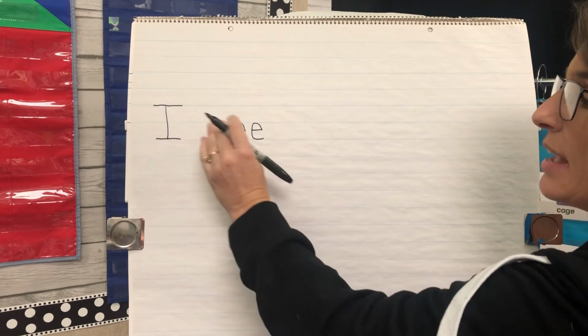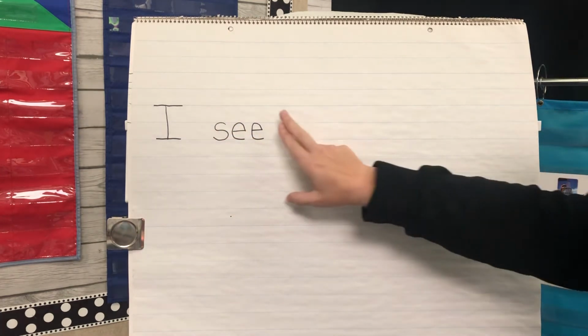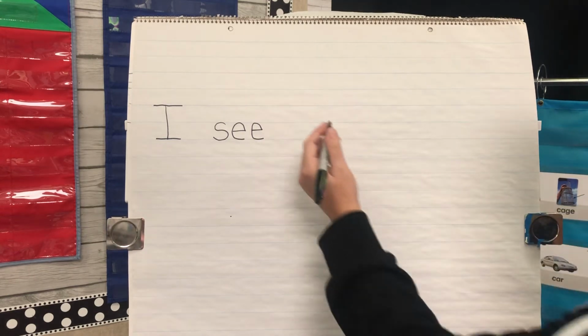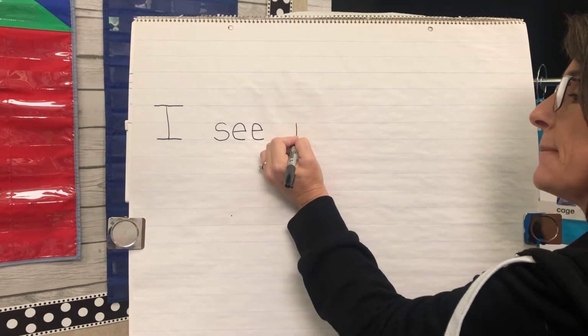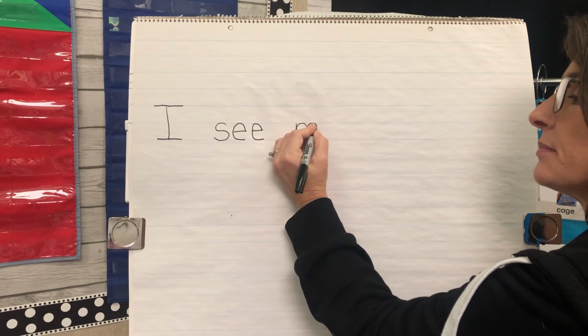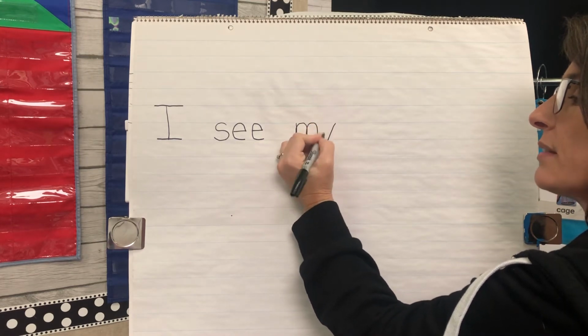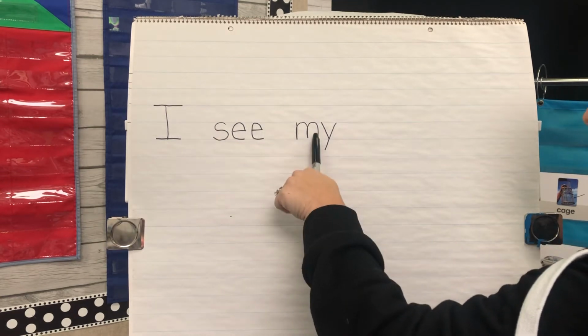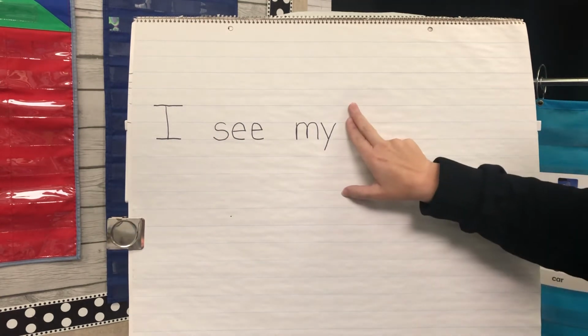So I, C, and then I'm going to make a 2-finger space and write my. This was also a sight word that we had, remember? I see my, make a 2-finger space.